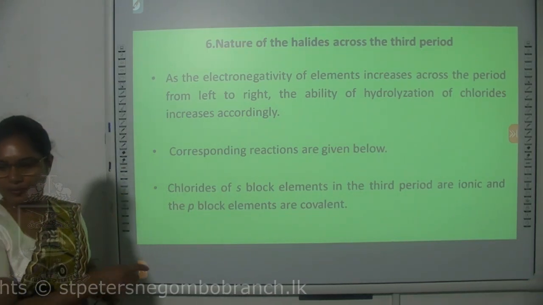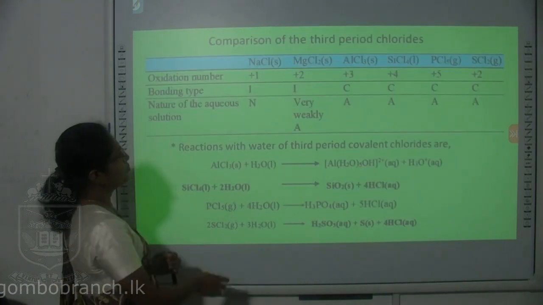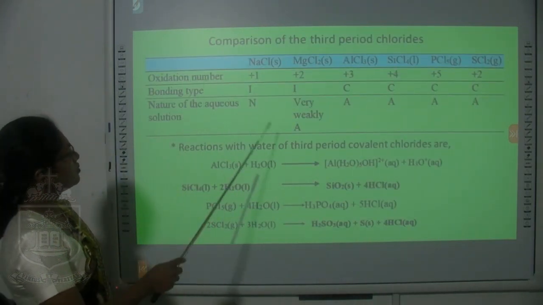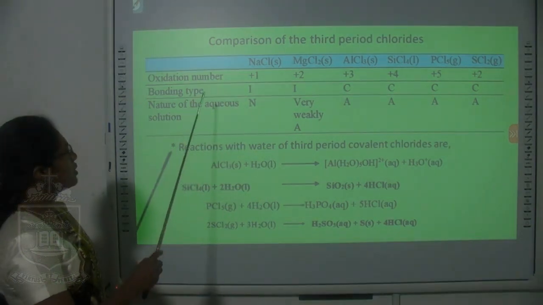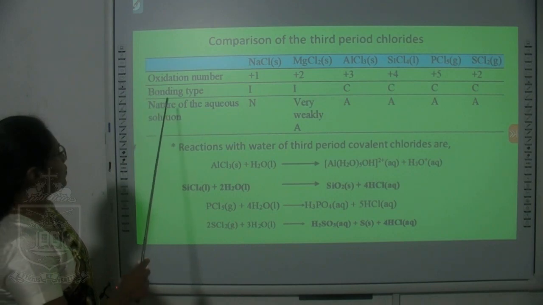So we can check that with this chart, the comparison of third period chlorides.